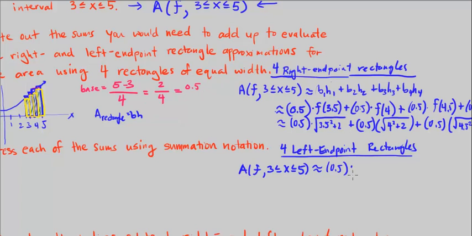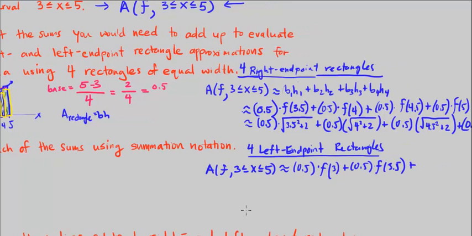And the height is going to be now f of, well, we're starting at here, so that's f of 3, right? Plus the next rectangle now, well, the base is 0.5 and it has a height wherever, that's f of 3.5 now. So it's 0.5 times f of 3.5 plus the next one.